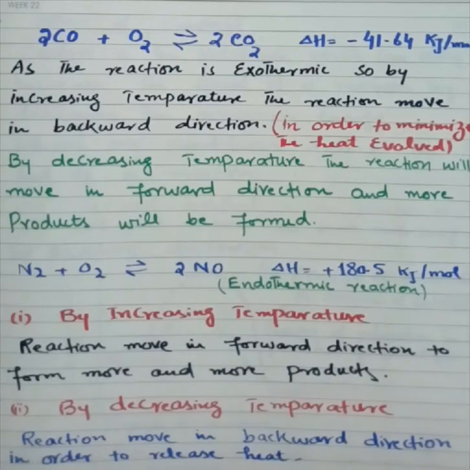In order to minimize the heat, the reaction will move in the backward direction once you increase the temperature of the system. The opposite is, when we decrease the temperature, the reaction will move in the forward direction and more carbon dioxide will be formed in the exothermic reaction.